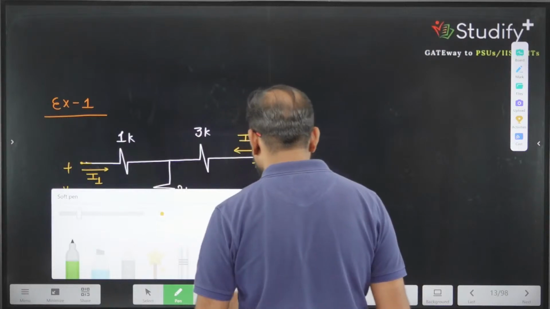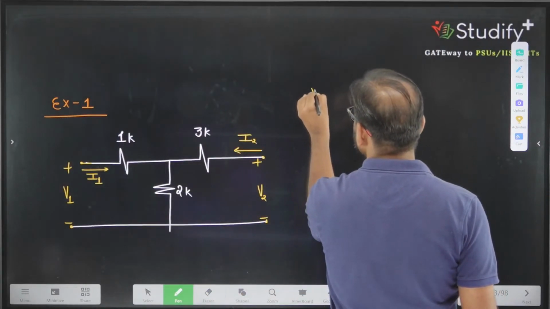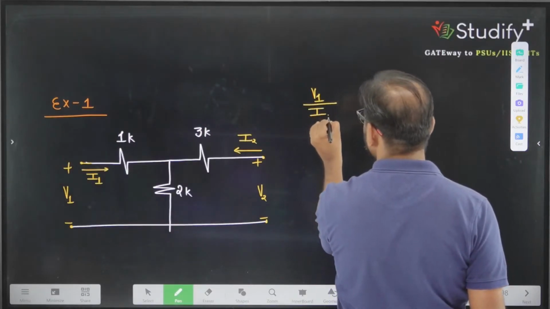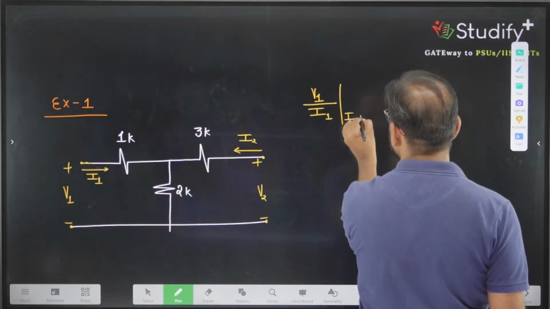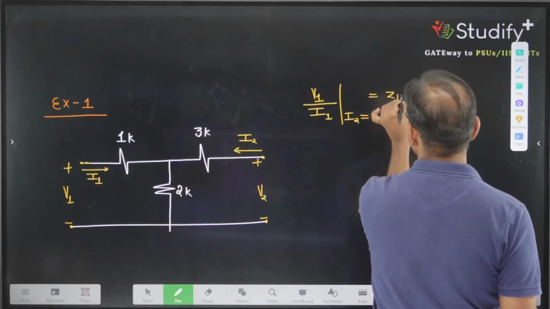We are interested in the Z parameters. So we are interested in the V1 divided by I1 ratio by making I2 equal to 0. And we will call this parameter Z11.